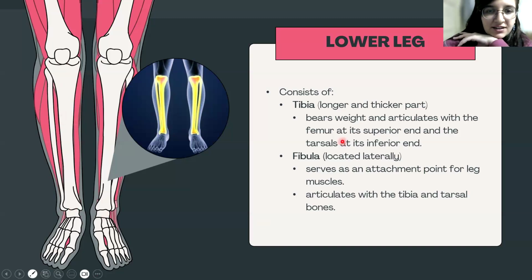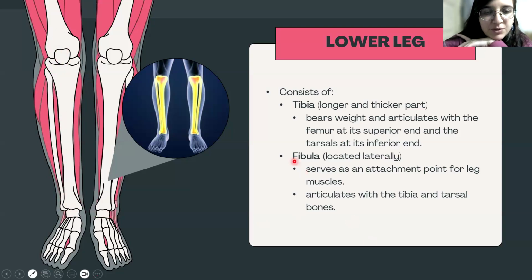Okay. And again, the superior end of the tibia is connected to the upper leg, the femur, through this patella, the kneecap, and then this part here, the inferior end, is connected to tarsals. These ones are called tarsals, which we'll go to again.